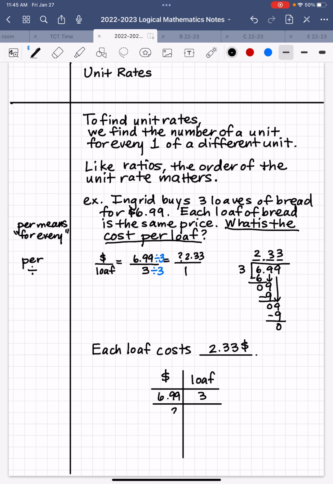And we're trying to figure out a number of dollars for every 1 loaf. So like a ratio table, whatever you do to 1 number in a row, you're going to do to all the numbers in that row. So what do you have to do to 3 to get to 1? Divide by 3. We'll do the exact same thing to 6 99/100ths, which we've already done over here off to the side. That is 2 33/100ths of a dollar for every 1 loaf.